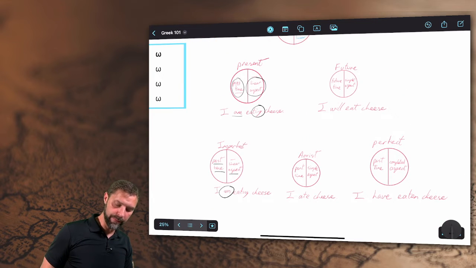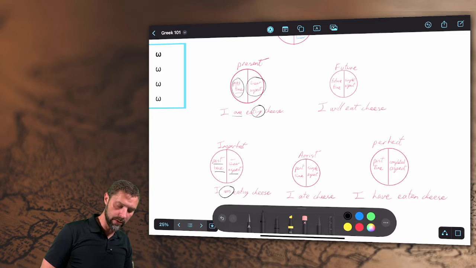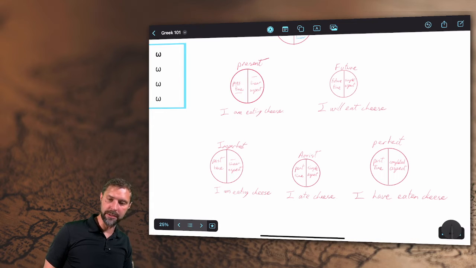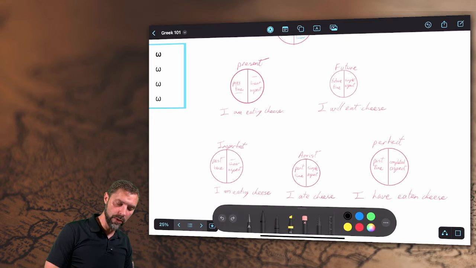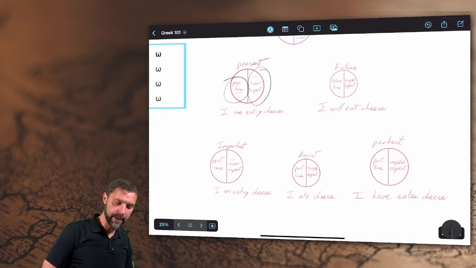Here are the 5 verb tenses, and you can just take a look down them for practice or out of interest. You can see each one of these has a particular combination of time and aspect. So the present tense is the only one that has present time. It has a linear aspect. The future, of course, has future time.